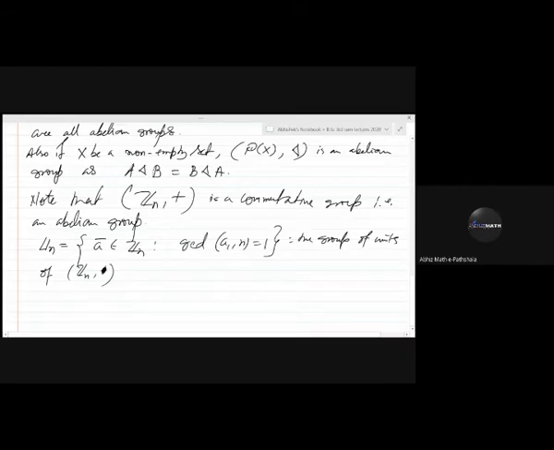What about this? We see that Un dot forms an abelian group, right?